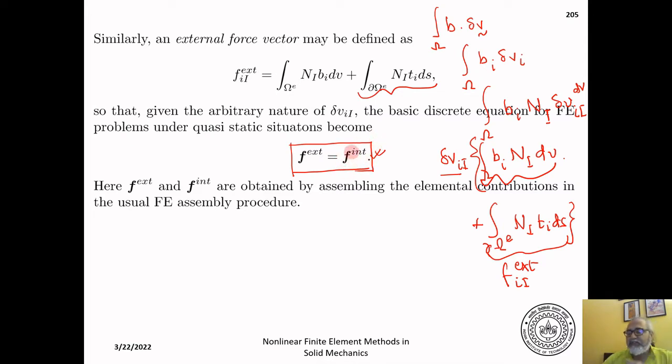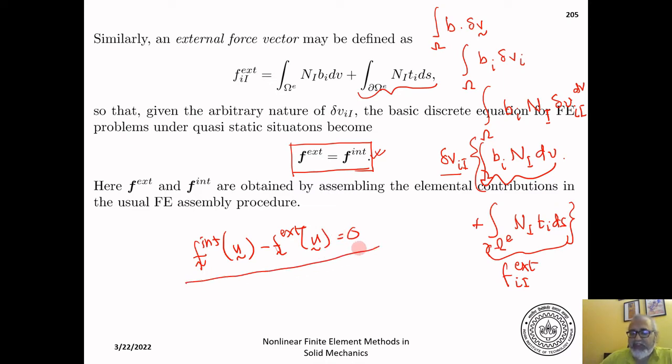F internal, of course, is a function of displacements u, and then we have to find a u that satisfies this expression, and we will do that by taking F internal of u minus F external of u, this system of equations, equal to 0. We'll use Newton-Raphson in order to find a u that satisfies this expression. So that is the crux of the problem, and we have done this in case of an updated Lagrangian technique.